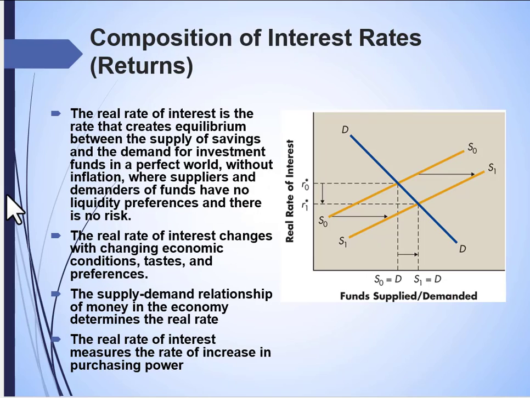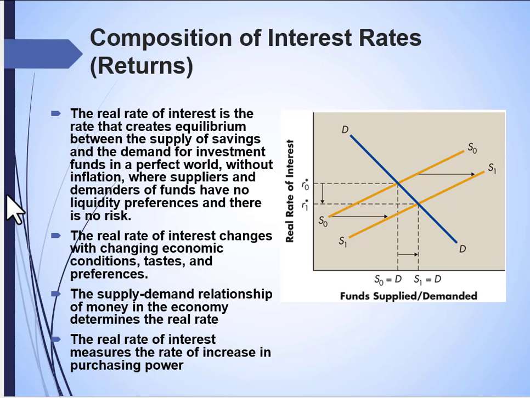So the first part of the compensation of interest rate is something called the real rate. And without getting into a lot of technical economic details, this is just the intersection, if you will, of supply and demand of money. Now, in the economy, we have our typical positive slope for supply, negative slope for demand.